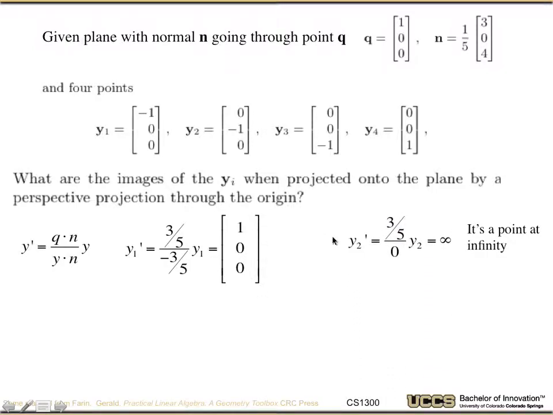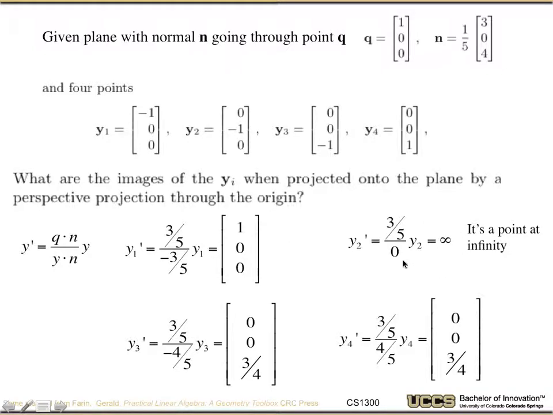The point y2 is the one that I gave you a hint about. It's not going to work out well. When I do the dot product for the bottom, y2 dot n is 0, so I get a 0 on the bottom, which gives me a point at infinity. For the points y3 and y4, I'm going to take their vectors dot n, and the first one gives me -4/5, which gives me an overall vector of 0, 0, 3/4.